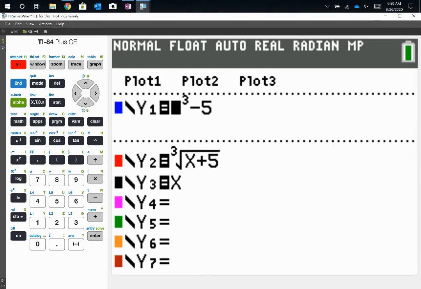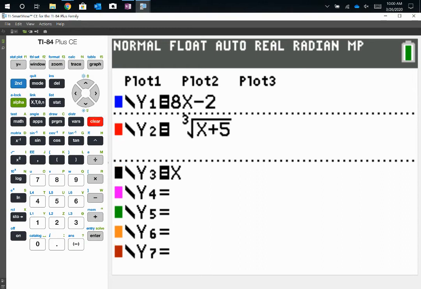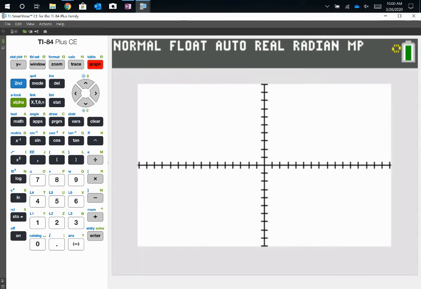So clear this out and we type in 8x minus 2. And then clear this out and we type in x plus 2 over 8. And this should match the graph that we sketched, shouldn't it? Yes, there it is.